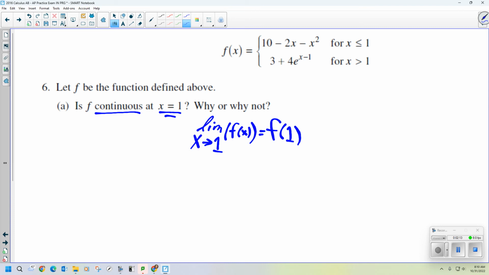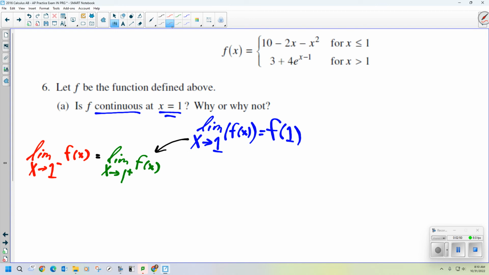In order to find the limit, the limit as x approaches 1 from the left side of f of x has to equal the limit as x approaches 1 from the right side of f of x. Let's go ahead and see if that is true first. We're going to follow that function from the left side and the right side.